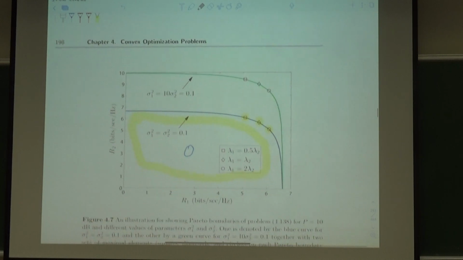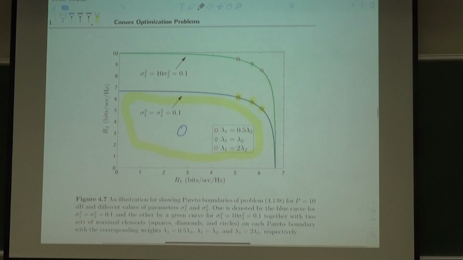This is a numerical example. Suppose we have only 2 subchannels. This is the easiest way to illustrate the concept. For the 3-dimensional case, for 3 users or 3 subchannels, it's very hard to show the numerical results. So this is R1, this is R2. The vector R has only 2 components.